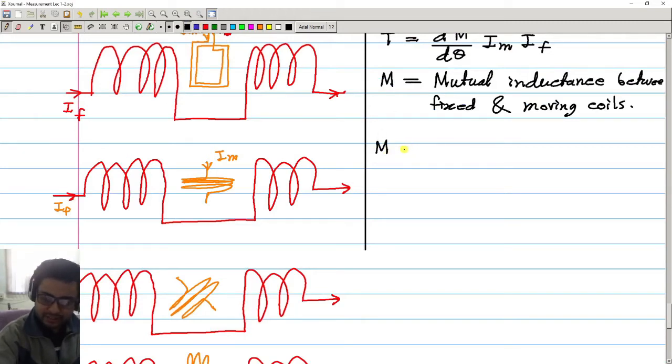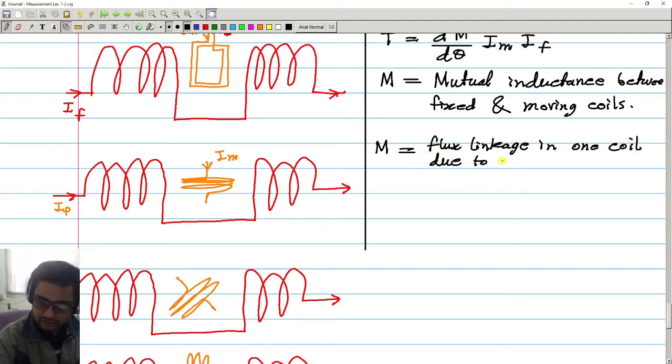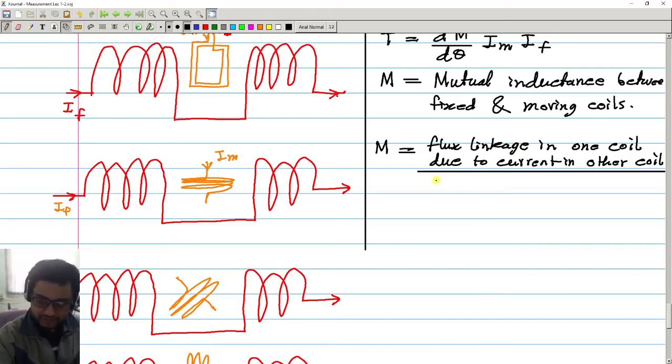Mutual inductance is flux linkage in one coil due to the current in the other coil, divided by the current in the other coil.